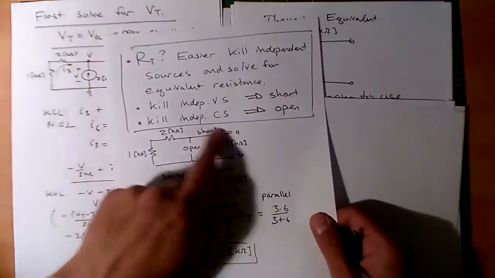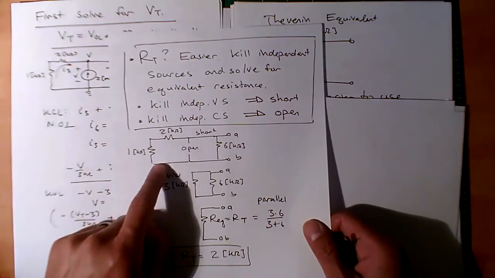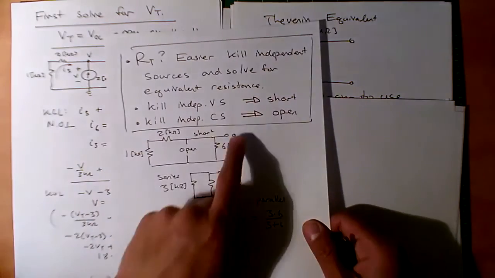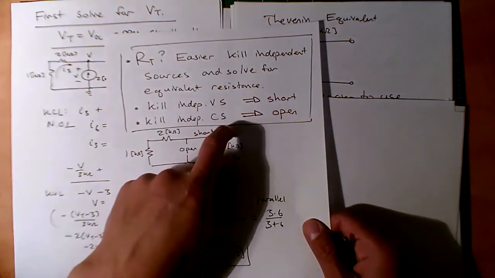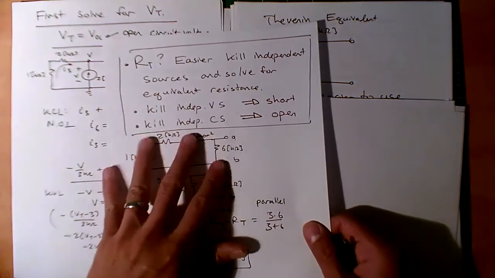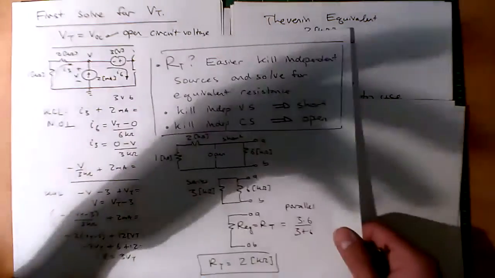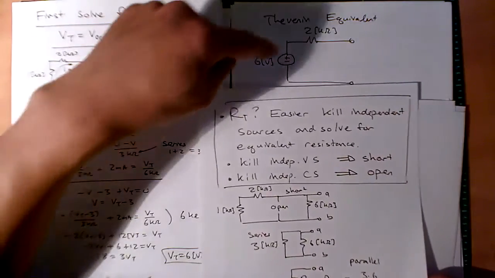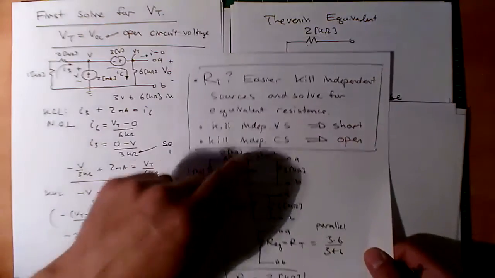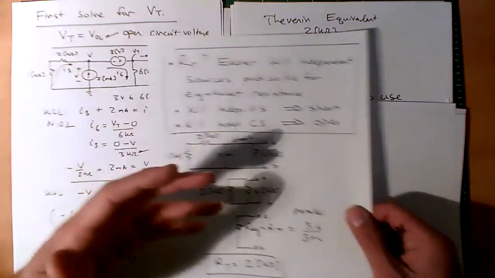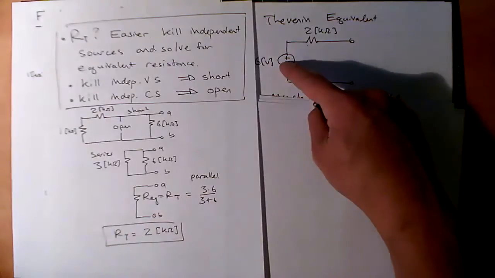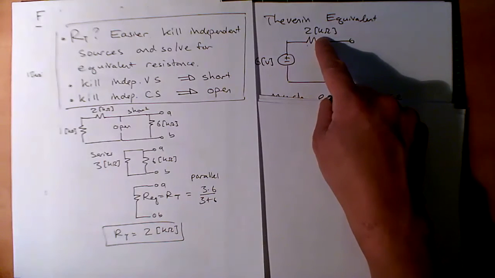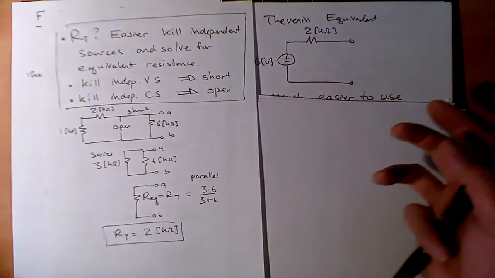This was your complicated circuit, right? If you solve for the VOC of this, what would you get? 0 volts, right? No current flowing through the whole thing, so 0 volts. So that means your VOC, which is the same as your V Thevenin, would be 0 volts, and you'd just be left with this. That's overkill, right? You're using a Thevenin process to solve for your Thevenin voltage and resistor. But yeah, it totally still works.